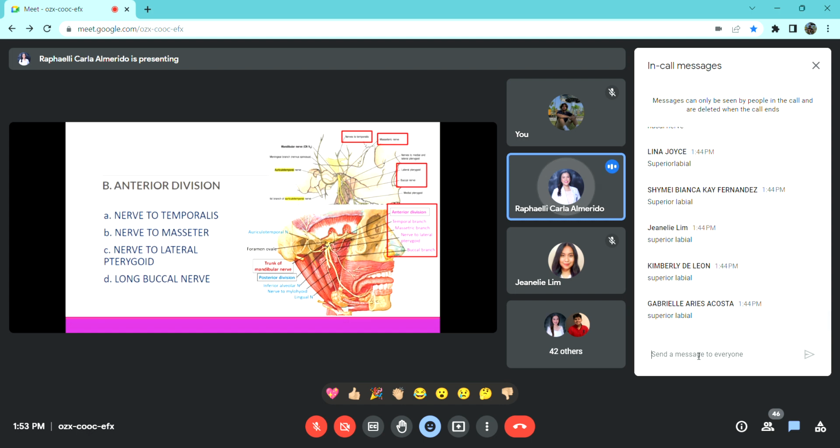For the muscles of mastication, when you study them, go back and review the action of the temporalis muscle, the action of the masseter, and the action of the lateral pterygoid, because at this point hopefully you can try to mix the topics already.